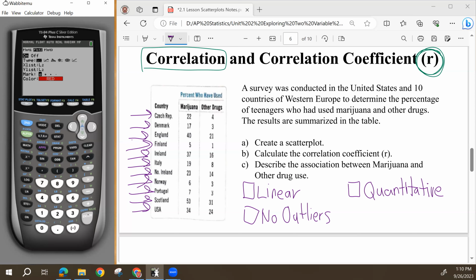We're trying to see if marijuana use affects other drug use. And so our X list, our independent variable, is going to be L1, our marijuana use, and then our Y list is going to be the other drugs. And so we can zoom 9 once we have that.